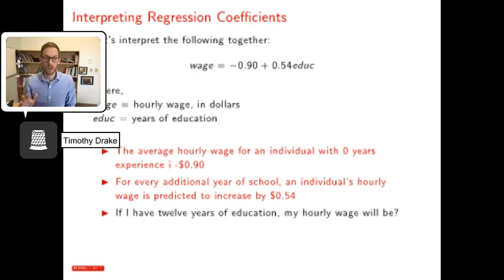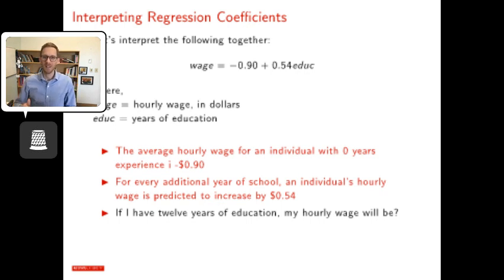Okay, so just to put that in a bullet point, so you have it here. This equation is saying that for an individual with 0 years of education, their average hourly wage is negative $0.9. Okay, so it's about negative 90 cents.